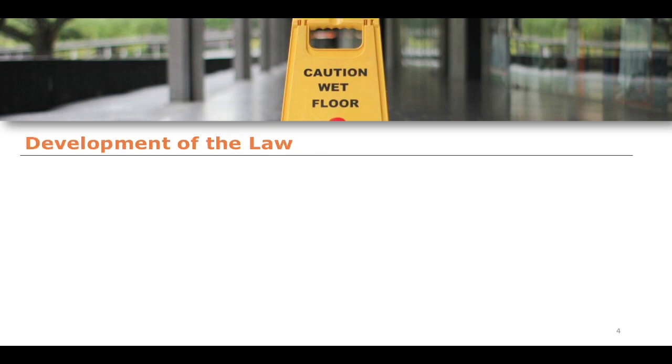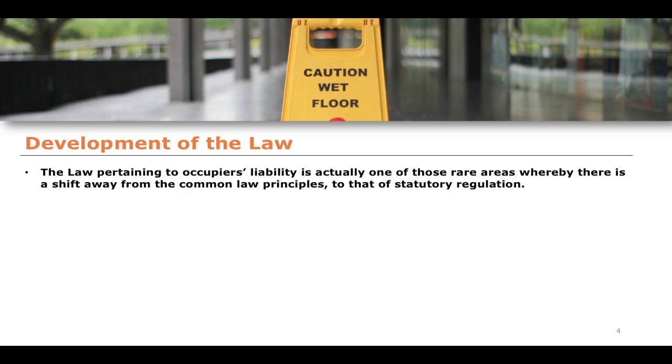Now, since we're only talking about this from an introductory perspective in this video, let's just talk about how the law on this area develops, because the history of this topic is quite interesting in and of itself. Occupiers' liability is actually one of those quite rare areas of the law where there is a shift towards statutory regulation, and a shift away from the basic principles of the common law.